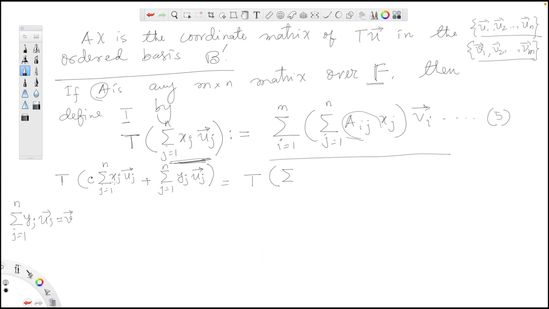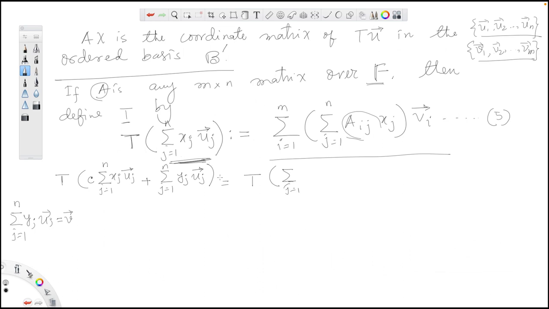Because c is an element of the field F, and the u_j's are vectors in the vector space V, and V is a vector space defined over the field F. So I can take c inside the sum by multiplying c with the scalar x_j, right?